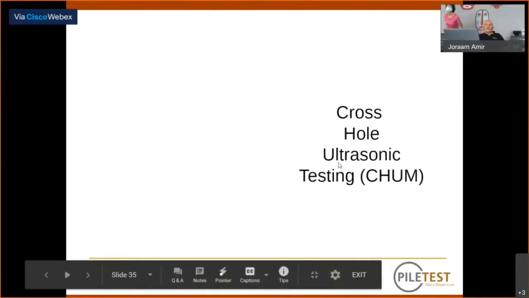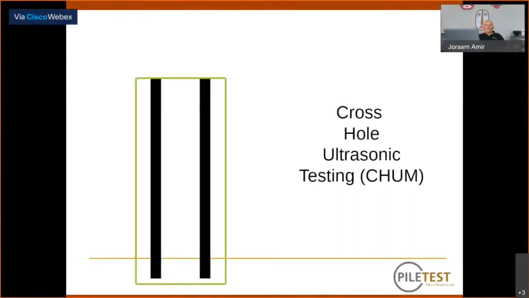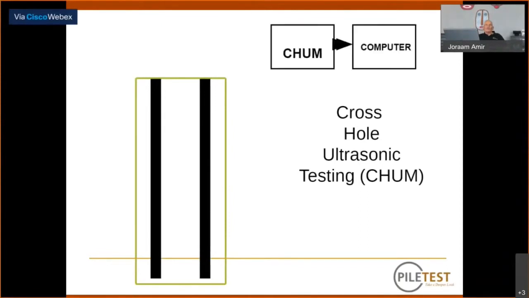Now, what are the components of the system? Of course, we have the access tubes in the pile. We have the CHUM and the computer. By the way, all our systems have a separate computer, not embedded in the CHUM, and therefore, after 10 years, the CHUM can use a new computer, when all other systems that are 10 years old have a computer long ago that does not function.